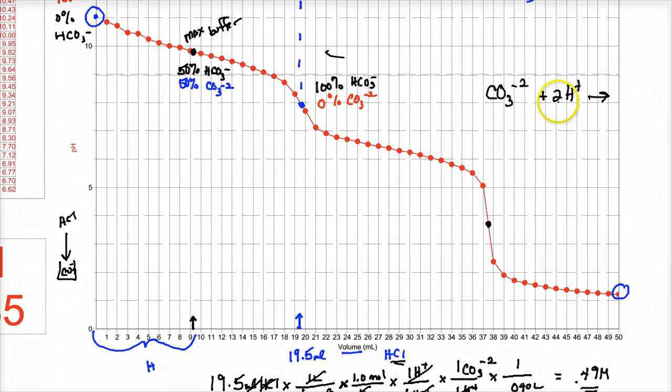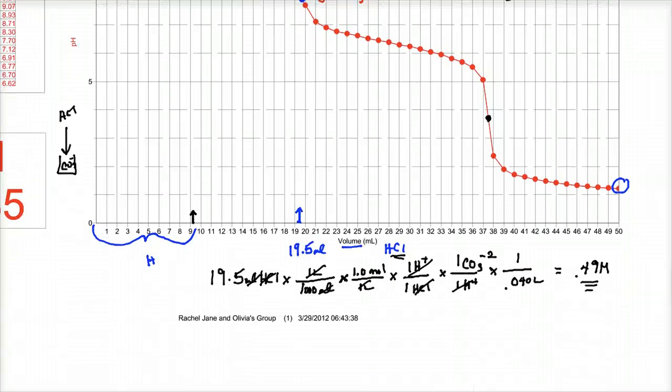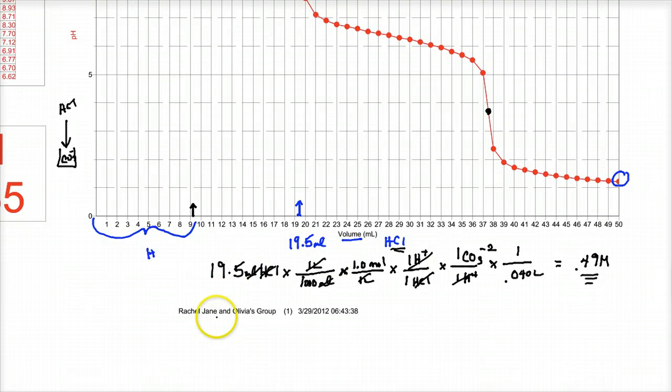Case in point, let me put this next to each other if you don't see it. If I took the total volume, let's say 39 milliliters, notice I'm just doubling it. That's what this value would be here of HCl. I do the same thing: 1 liter over 1,000 milliliters, milliliters cancel, I'm just converting to moles.